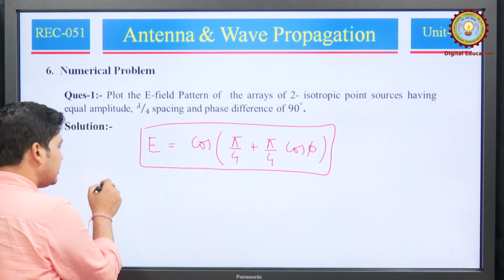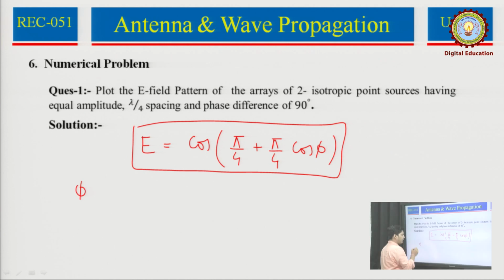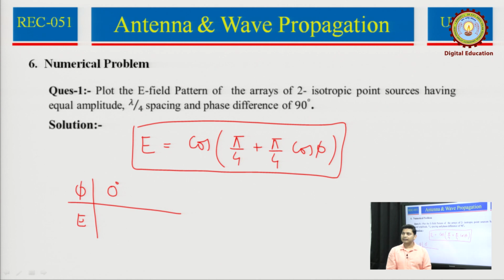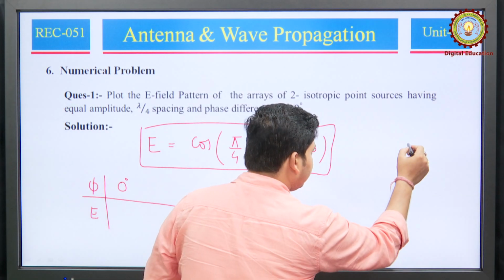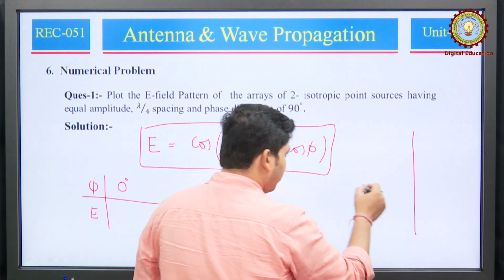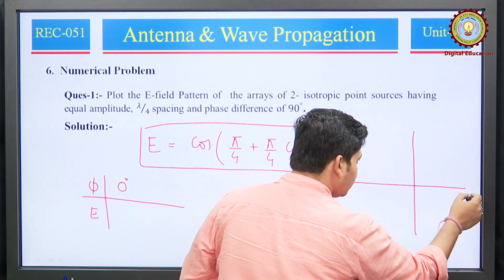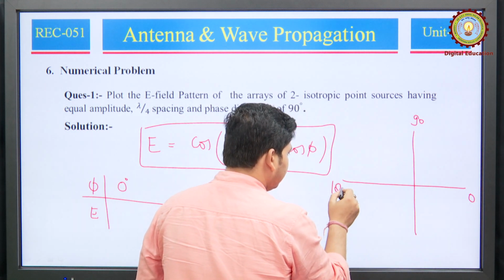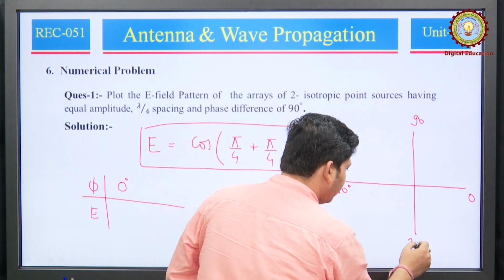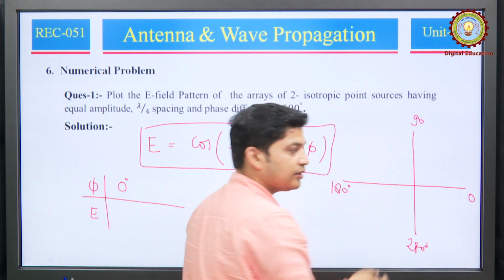First, let us draw the table: phi value, and here E value. Let us take phi equal to 0 degree, the basic thing, we begin with 0, and over here let us draw the pattern. In the coordinate system we represent 0 degree, 90 degree, 180, 270, and over here again 360.